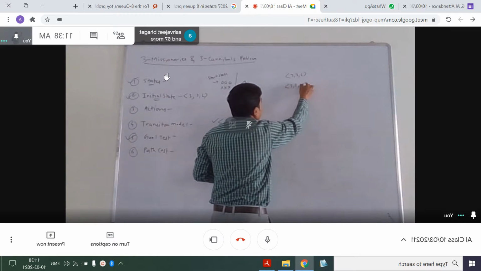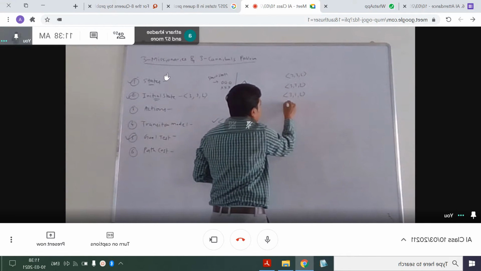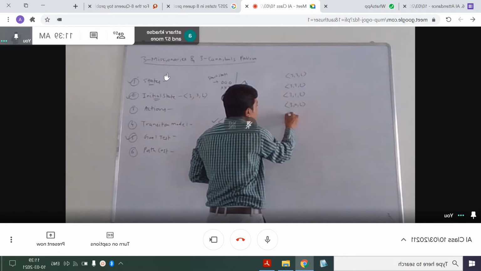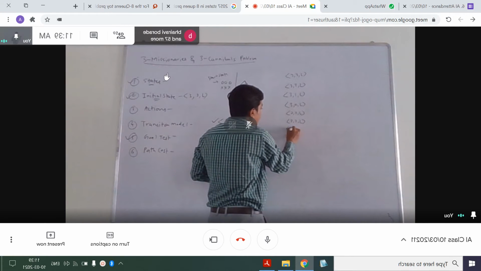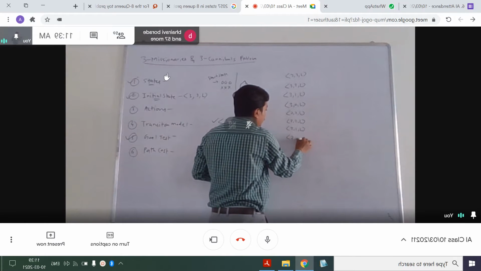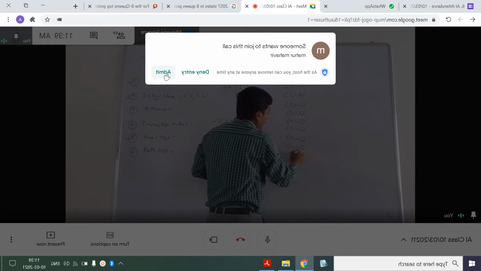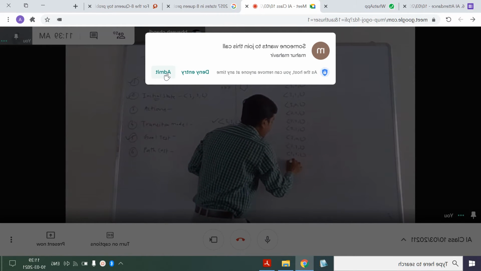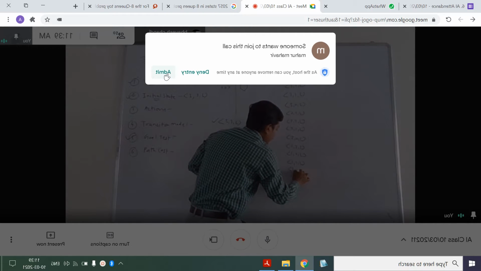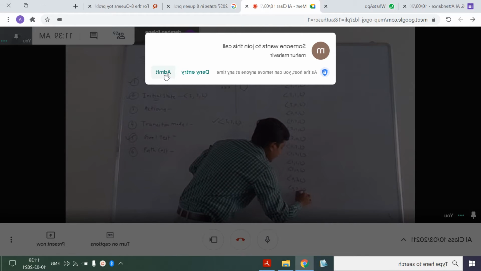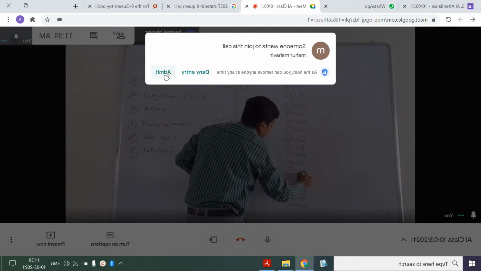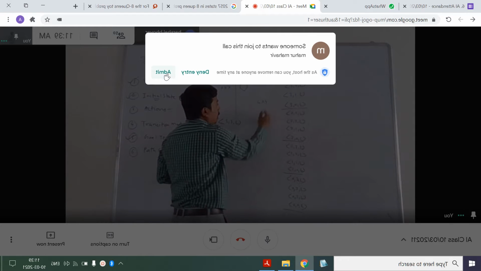Then list out all the possible combinations: 3 3 L, 3 2 L, 3 1 L, 3 0 L, 2 3 L, 2 2 L, 2 1 L, 2 0 L, 1 3 L, 1 2 L, 1 1 L, 1 0 L, 0 3 L, 0 2 L, 0 1 L, 0 0 L. So there are actually 4 multiplied by 4, multiplied by 2.